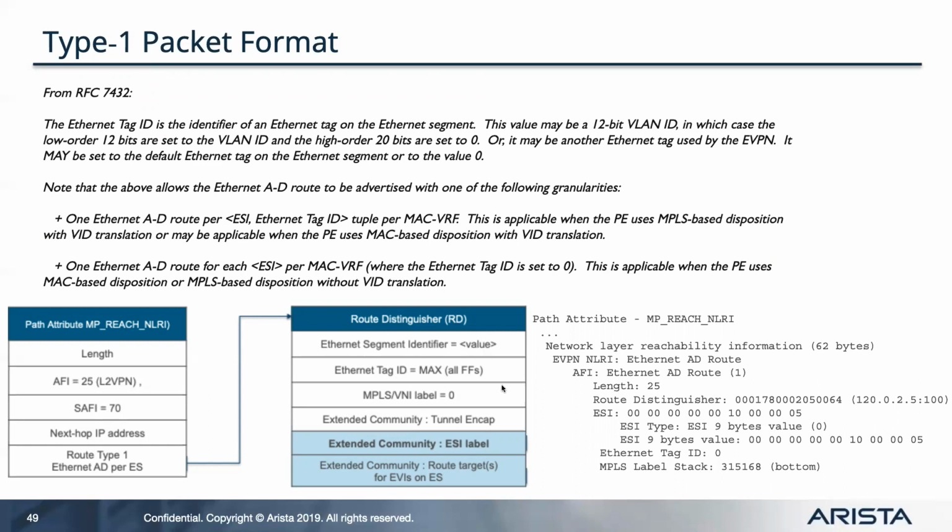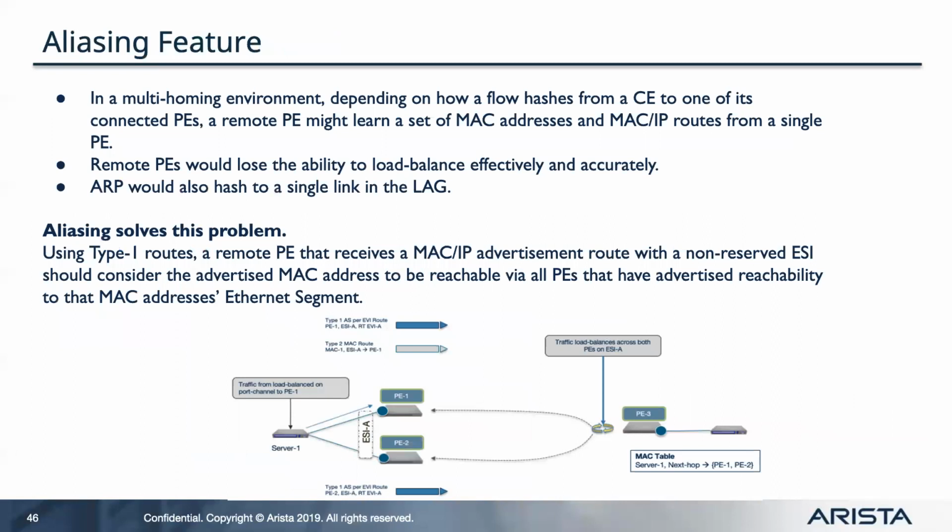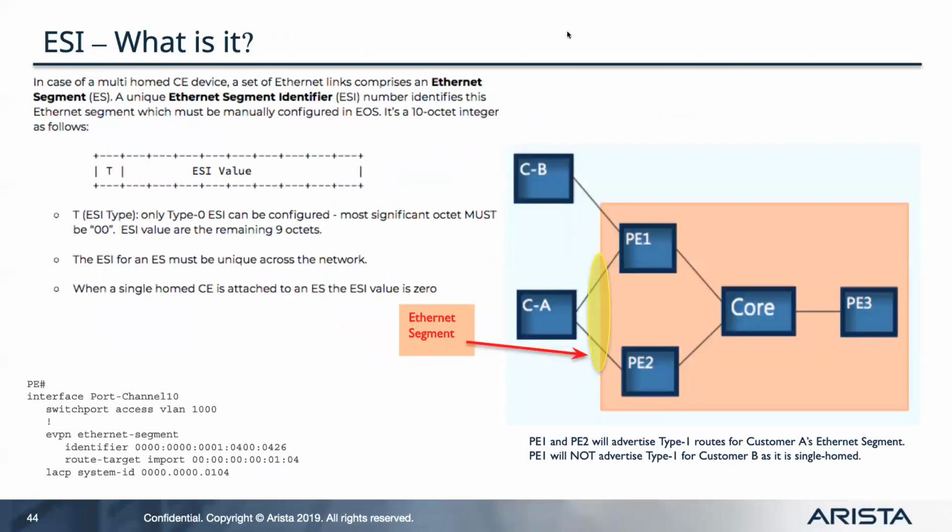The Ethernet tag ID, the VNI label. And the extended community tunnel encapsulation, whether it's VXLAN or MPLS, that is what the data plane will be. The extended community ESI label, and then the route target, that is the EVPN route target. So this is the information that will be sent.